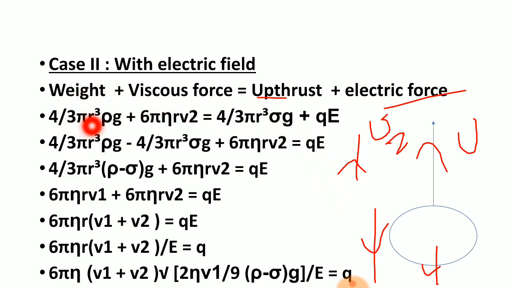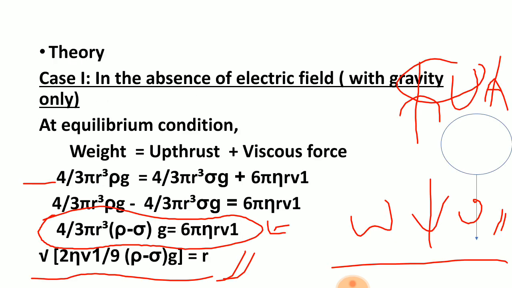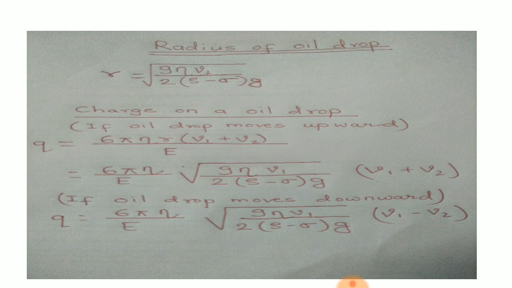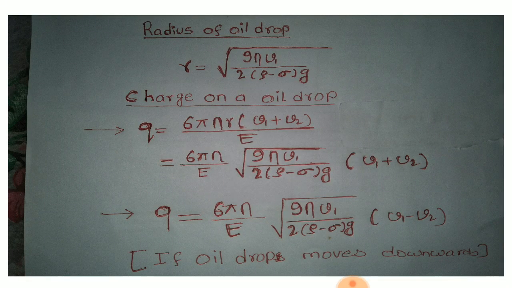By writing all four forces we will get this expression, and then we can bring this to this side, and we will get 4/3 πr³(ρ − σ)g, which is in fact 6πηrv1, as I already mentioned. After solving and arranging this we will get the value of q, and these are the three results.